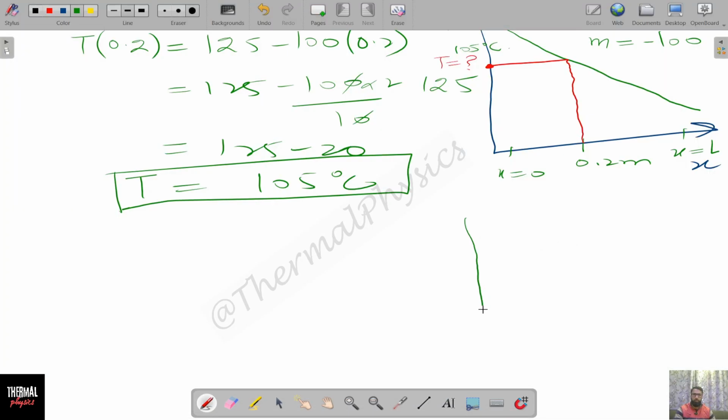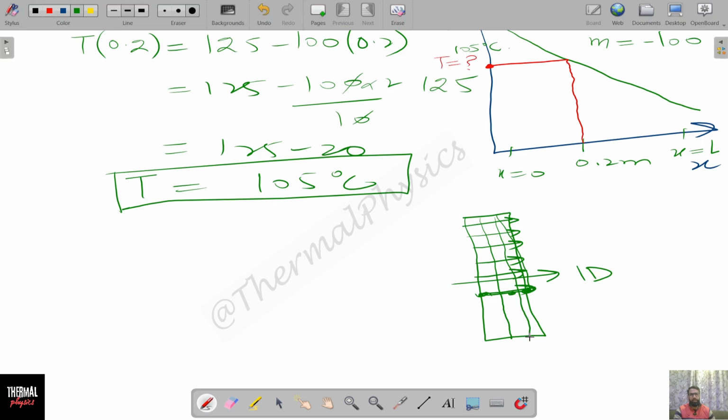We have a wall like this, and we are interested in 1D heat transfer like this. So whatever heat will transfer here, same heat will be transferred here, same here, same here. So we'll just model one line segment. Whatever temperature is here, it will be everywhere along this vertical line.